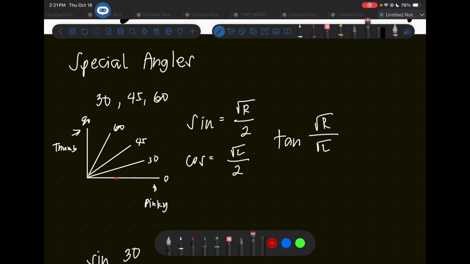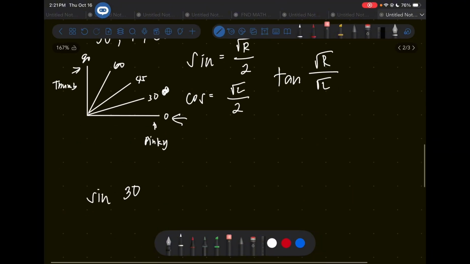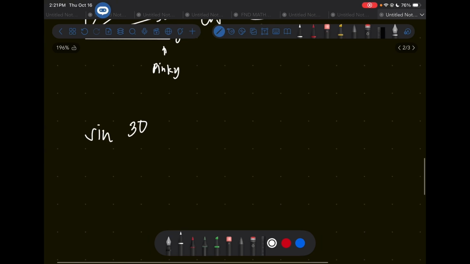You only have one finger here, because this is your 30. So it's going to be square root of 1 over 2, and square root of 1 over 2 is just equal to 1/2. So sine 30 is 1/2.